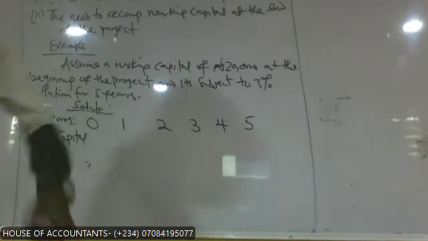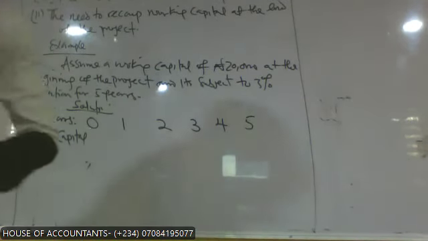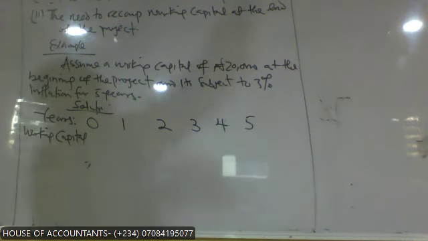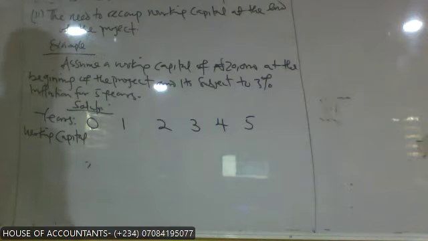Now, let me ask this question. If we are looking at a project, we know that projects always start from year 0 to, let's say, year 5. Are we getting it now?